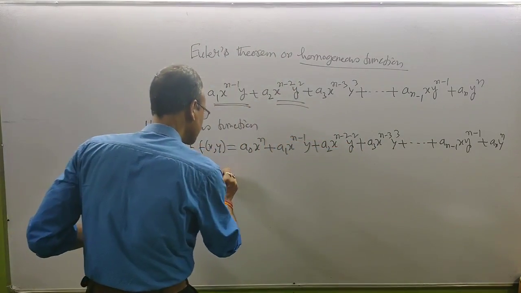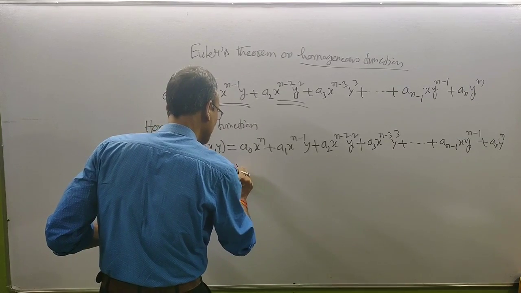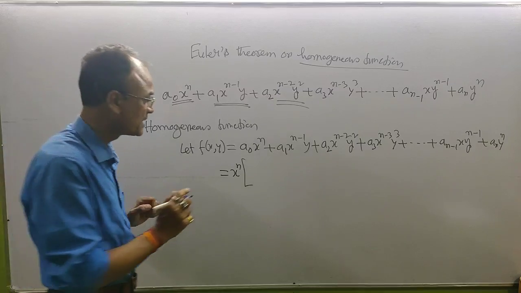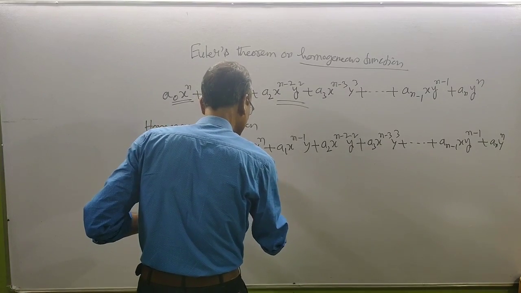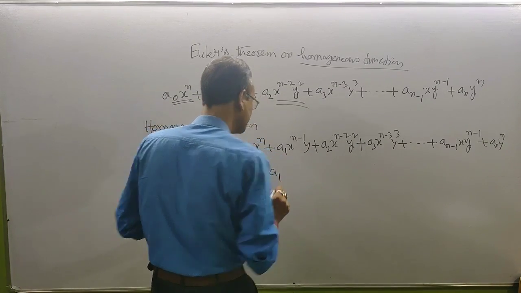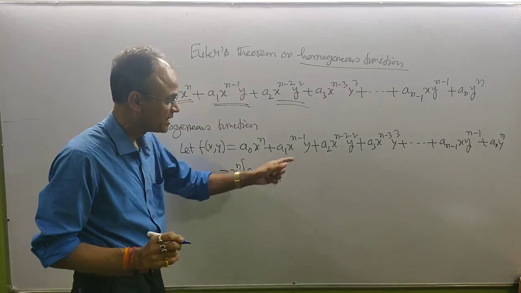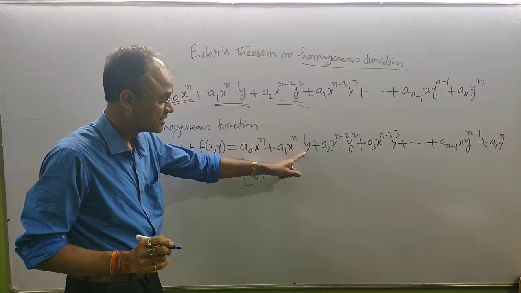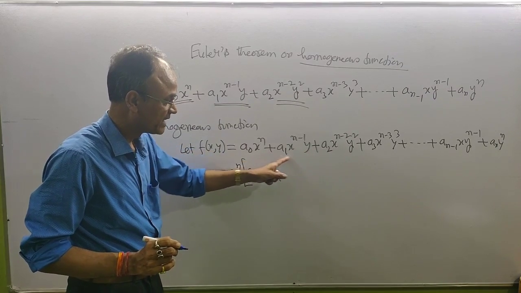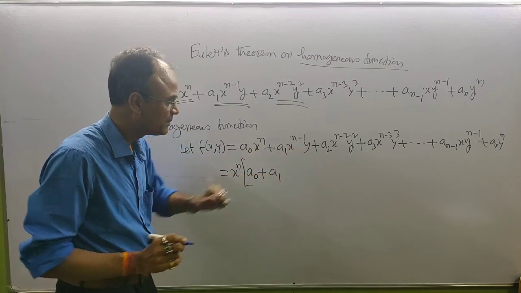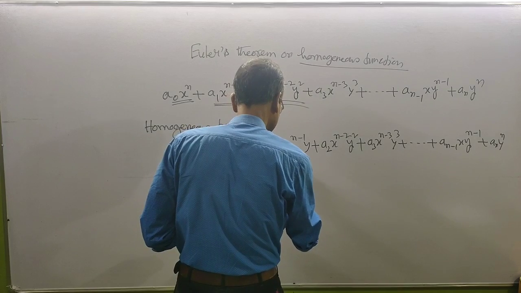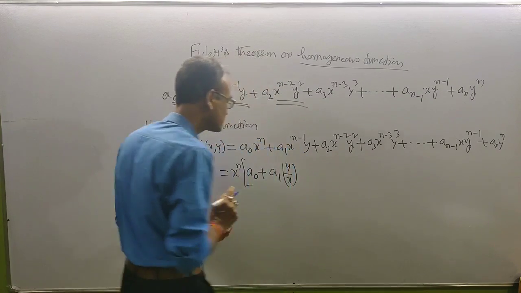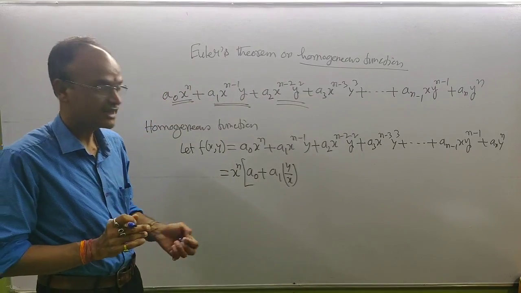Notice that this function can be written by taking x to the power n common: x to the power n times a naught plus a1 y divided by x.